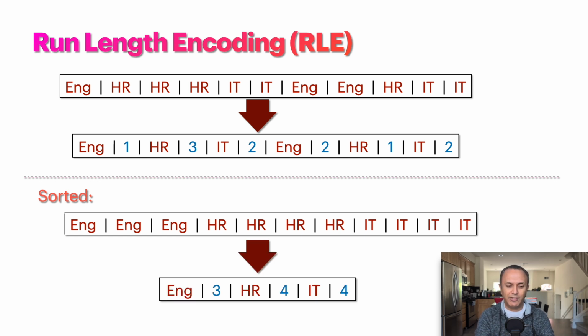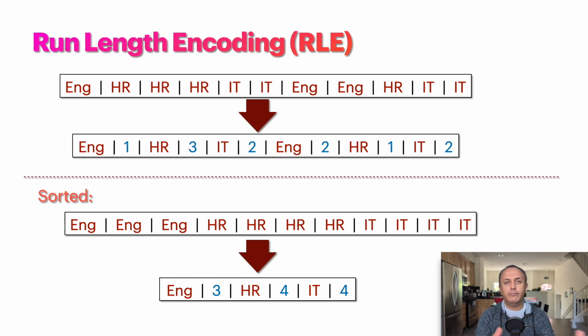So the output is going to look like this: engineering 3, HR 4, IT 4. You're not going to see those again. So basically this is the minimum size that you can occupy for these values. If the data is sorted like this, great, RLE works very well. Or in some cases, the system might have to sort the data to put it in this way before it can apply RLE on it.